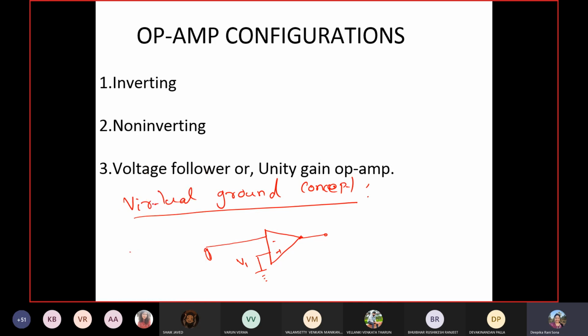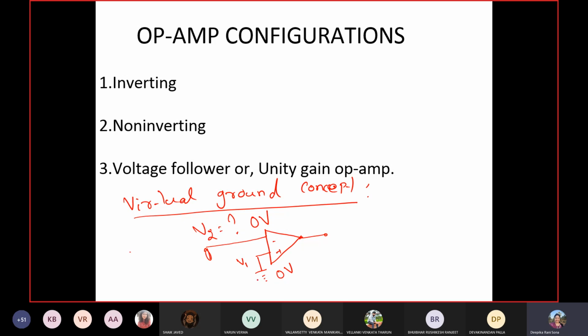If V1 is grounded, what is the value at V1? 0 volt. So what should be the value at V2? 0 volt. That's why we call this the virtual ground concept.